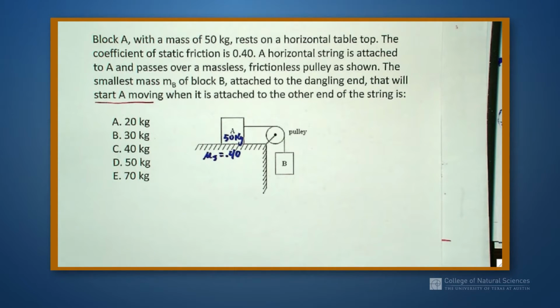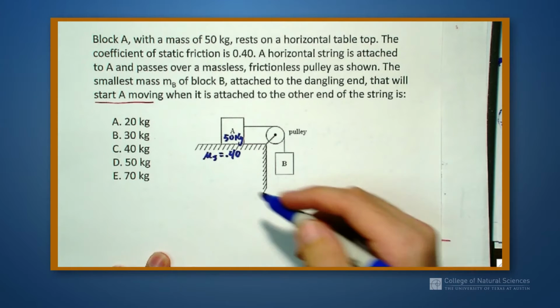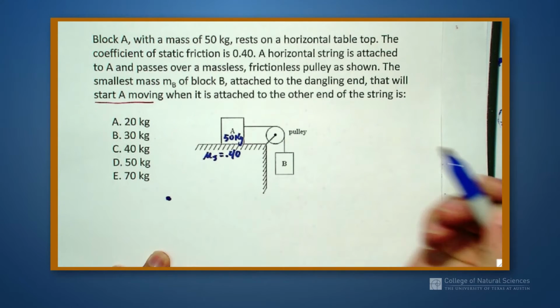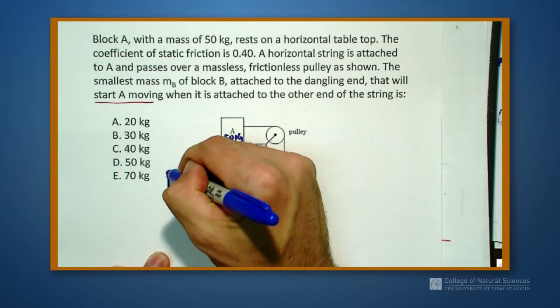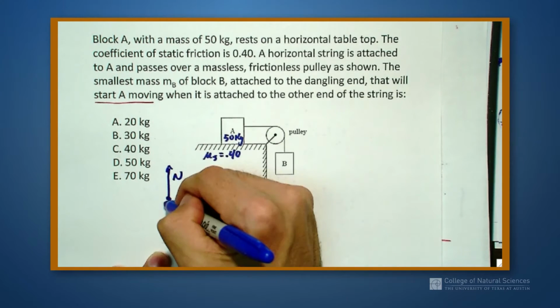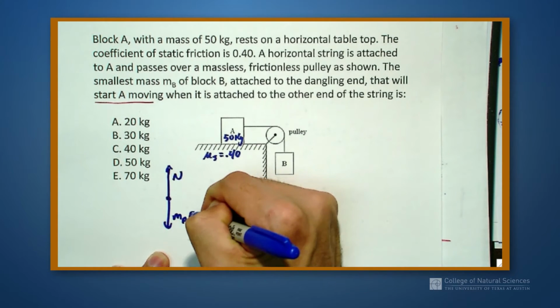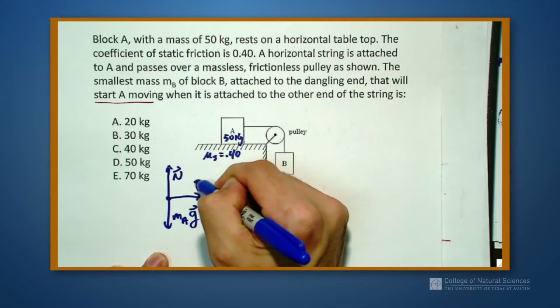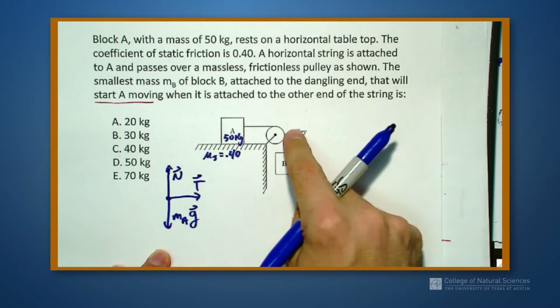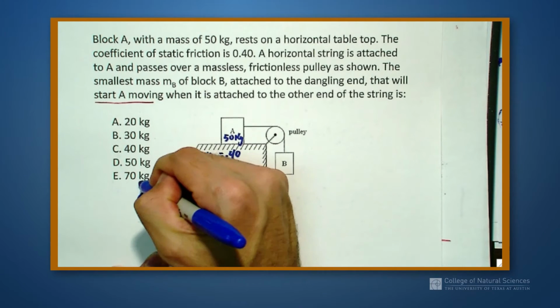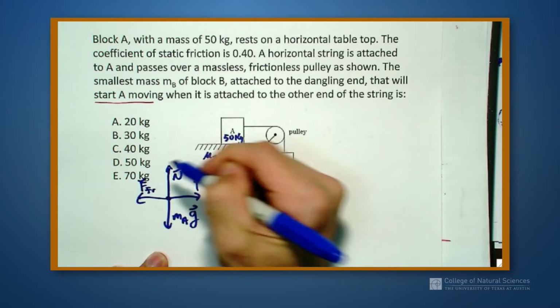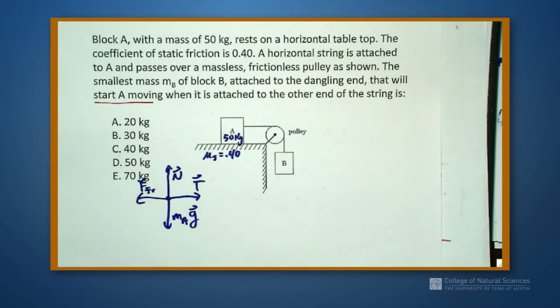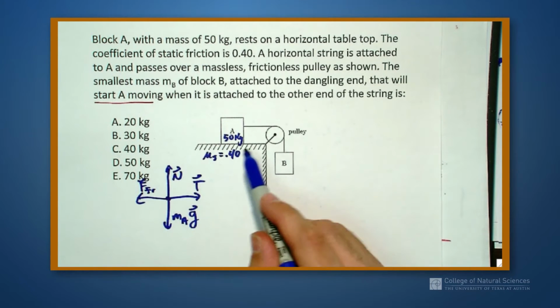So what I have is a couple free body diagrams. Like I normally do with Newton's second law problems, I start with free body diagrams. My free body diagram for A is going to be a normal force up, a weight force down, a tension force pulling towards the right because of the string, and a friction force pulling towards the left because of the coefficient of friction.